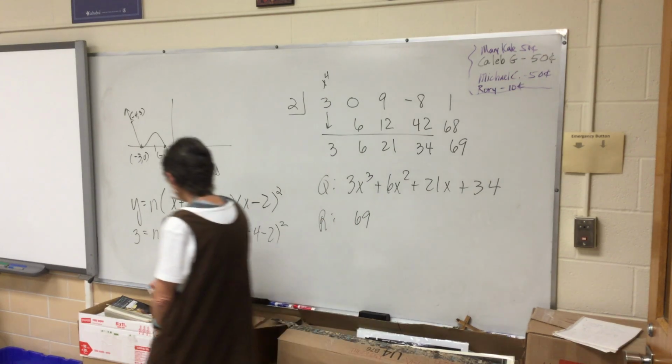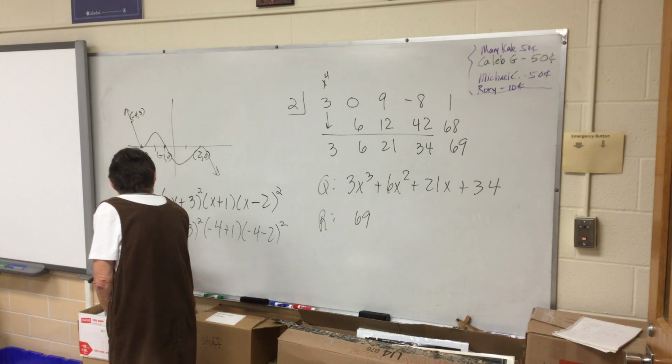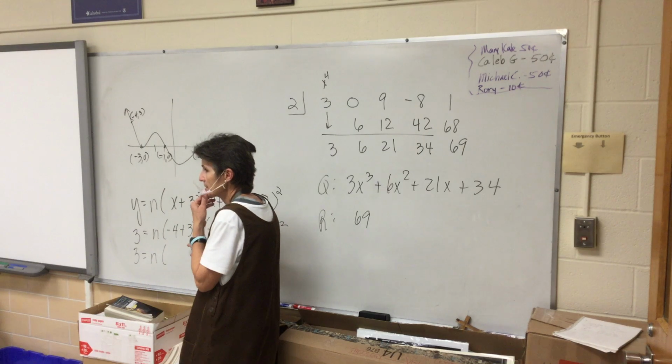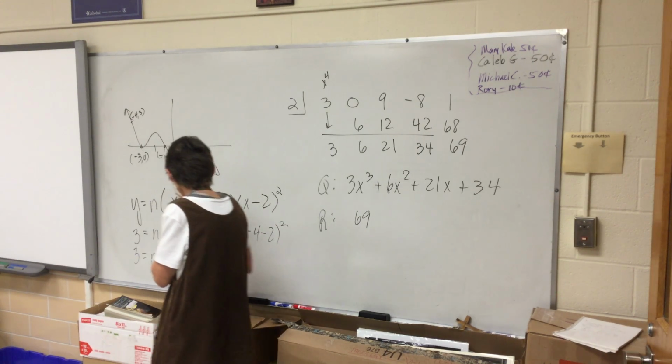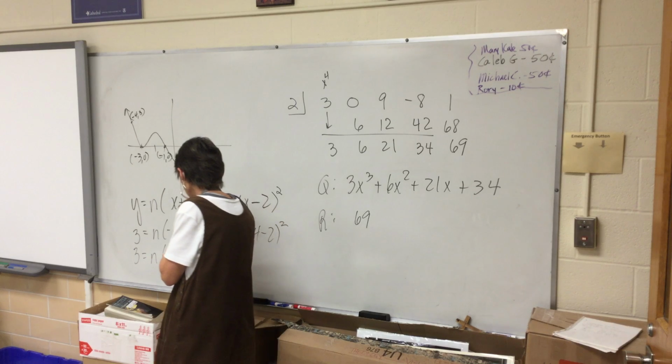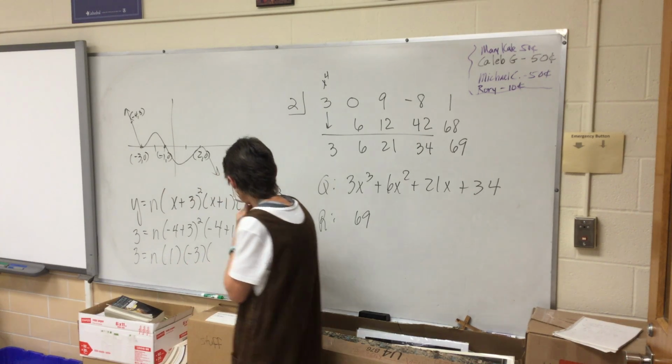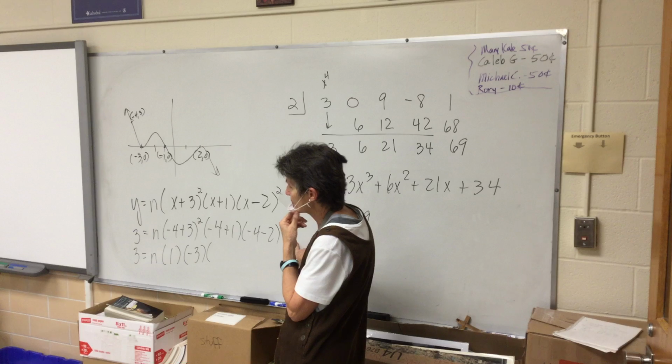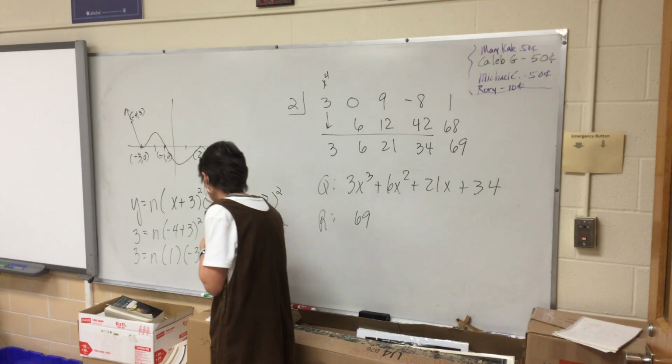So I'll do the arithmetic here. -4 plus 3 is -1, squared is 1. -4 plus 1 is -3. -4 minus 2 is -6, squared is 36.